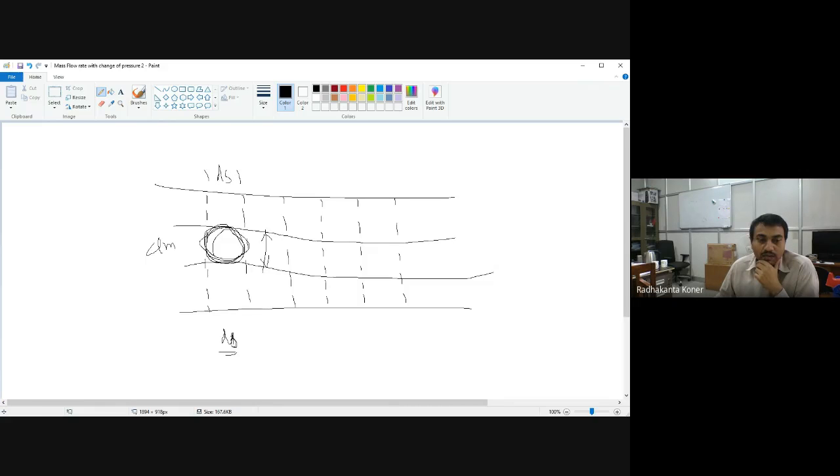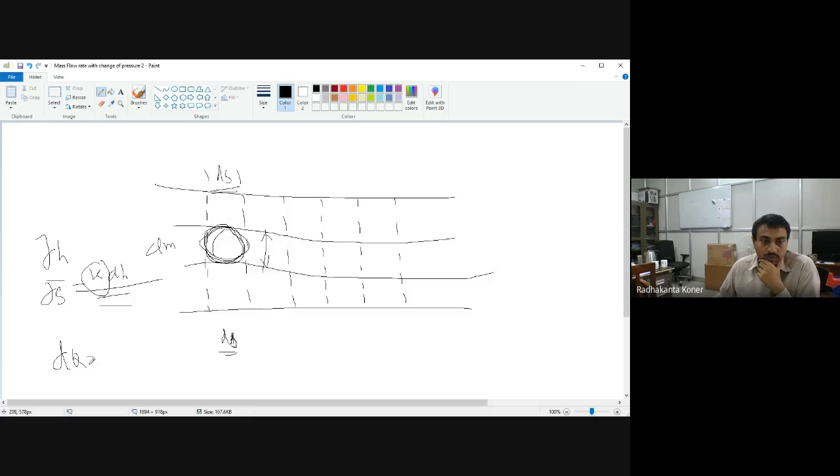Based on that, you can calculate del h by ds, because s is the distance here, and it can be written as K dh, where K is the hydraulic conductivity.